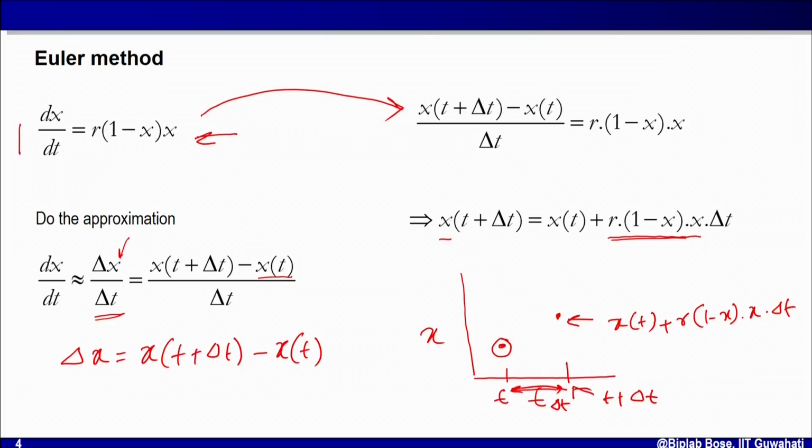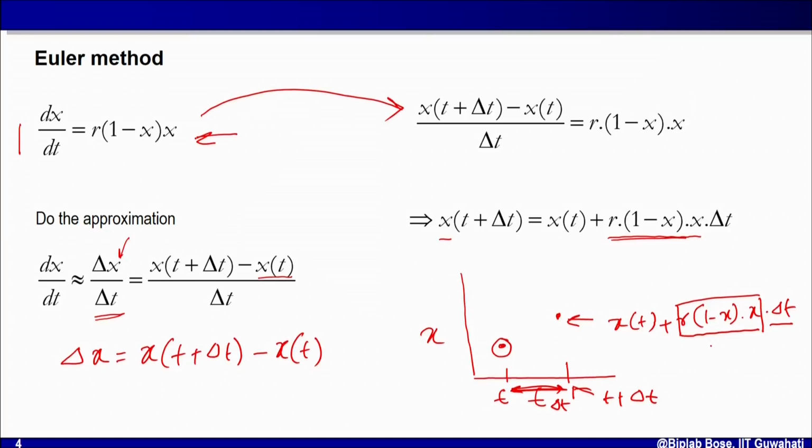Delta t is this distance, the change in time. We call it the time step. So delta t is the time step.